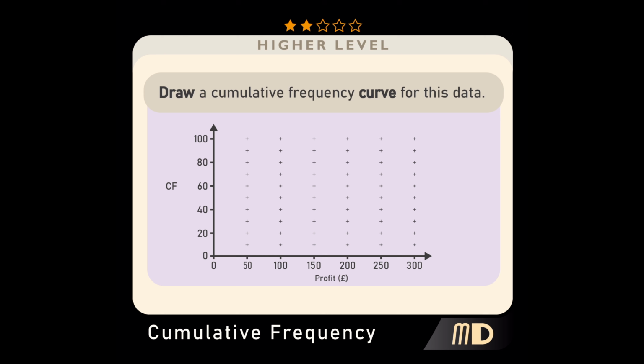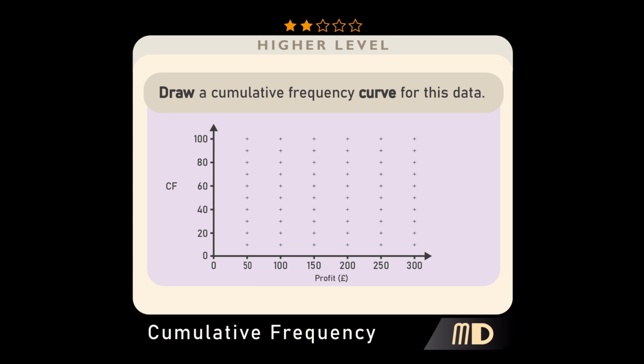It typically takes the shape of an S, always starting in the bottom left corner of the grid and finishing in the top right. It helps us to estimate statistical measures such as median, upper quartile, lower quartile, and interquartile range.